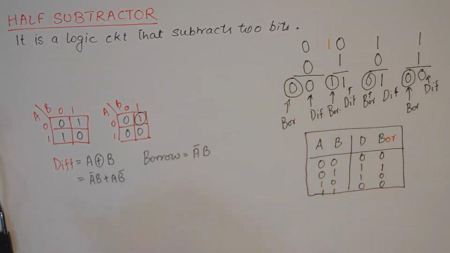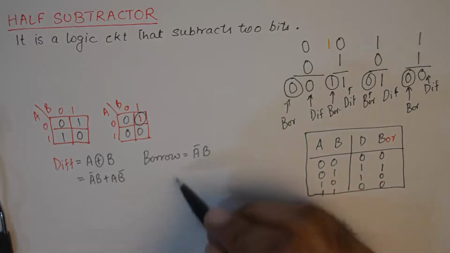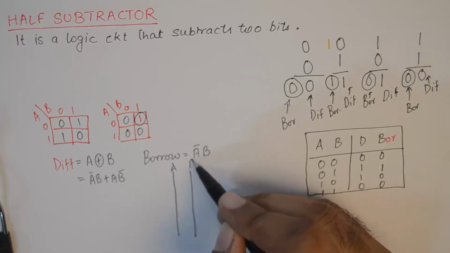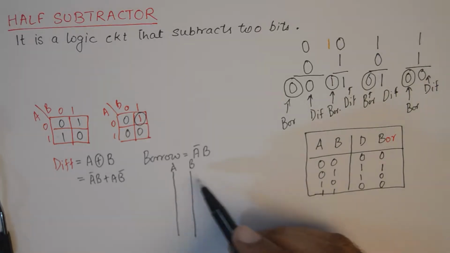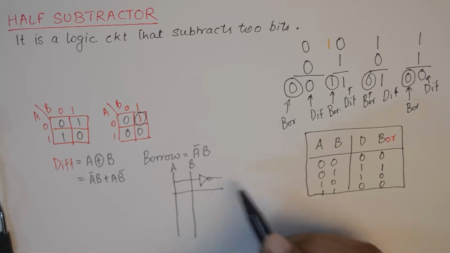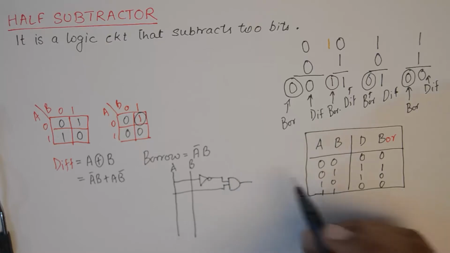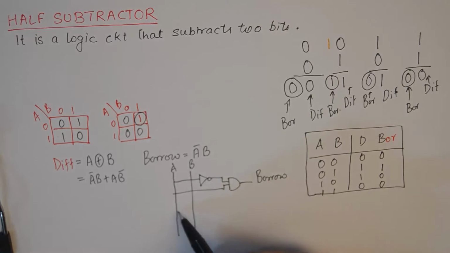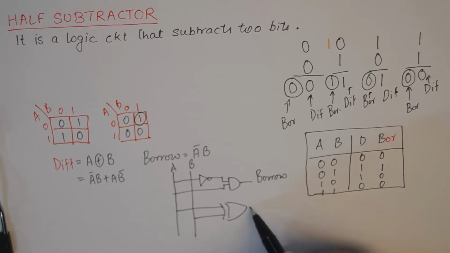So once we know the expressions of the output in terms of inputs, we can draw its logical circuit. We'll take A, B as 2 inputs. A is inverted and B is given as it is to an AND gate to make borrow, and A and B are given to an XOR gate to make difference.